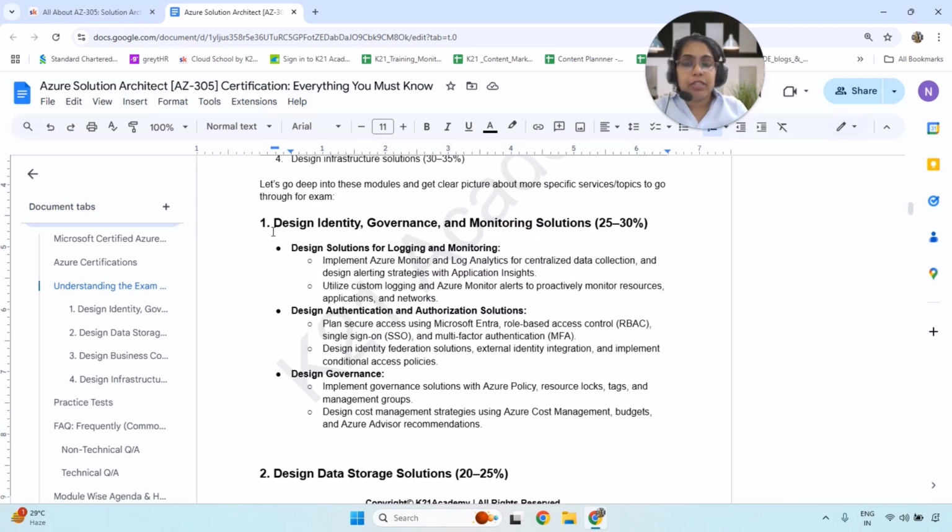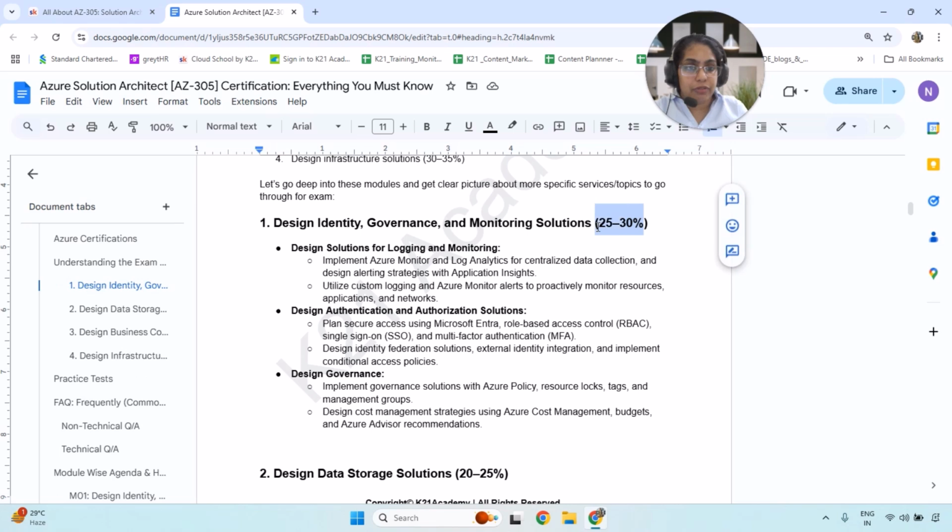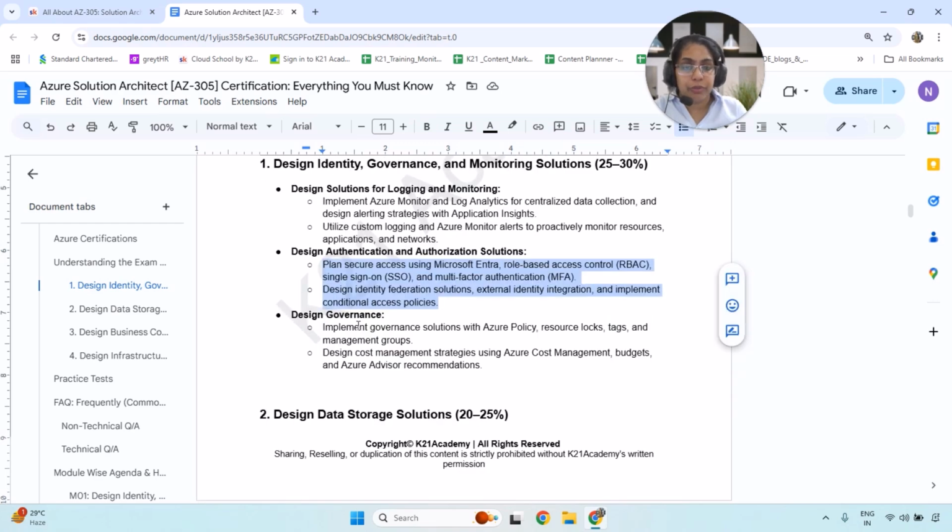In this domain, the topics you should cover are, first, design solutions for logging and monitoring, and these are the subtopics you should go through. Second is design authentication and authorization solutions, and these are the subtopics. And third is design governance, and these are the subtopics you can focus on. So this is basically the first domain, which has a weightage of 25 to 30%.